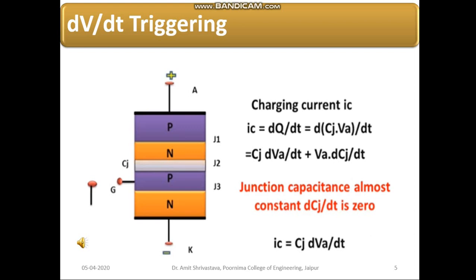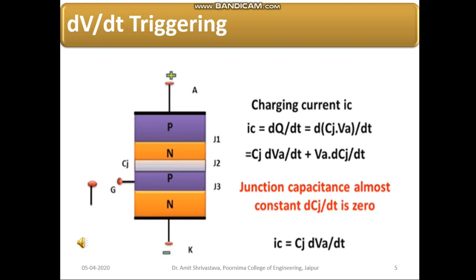The charging current Ic is therefore given by Ic equals dq by dt equals d(Cj Va) by dt equals Cj dVa by dt plus Va dCj by dt. As the junction capacitance is almost constant, dCj by dt is 0 and current Ic can be represented as Ic equals Cj dVa by dt.